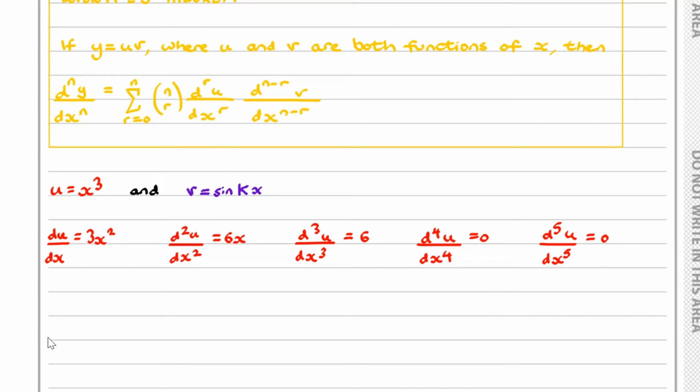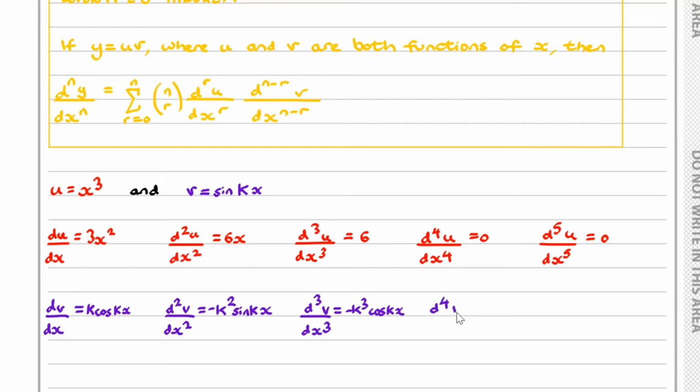And then we do the same thing with v. dv over dx, you'd find that to equal k times the cosine of kx. d squared v over dx squared, you'd find this to equal minus k squared times the sine of kx. d cubed v over dx cubed, you'd find this to equal minus k cubed cosine of kx. d4v over dx4, you'd find this to equal k to the power of 4 times the sine of kx.